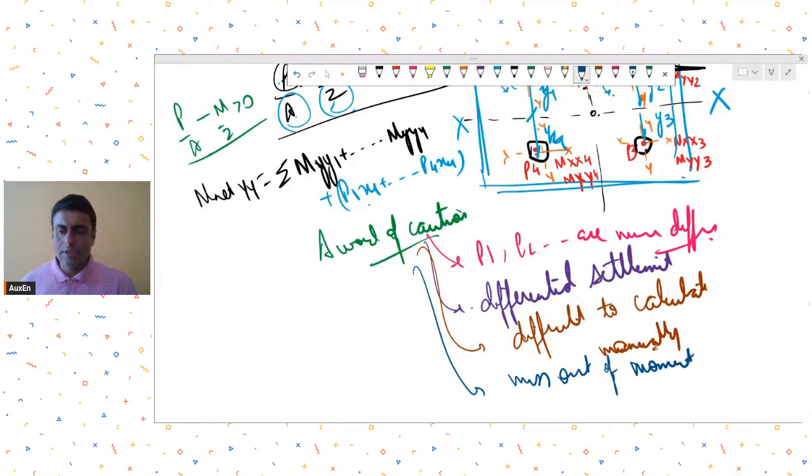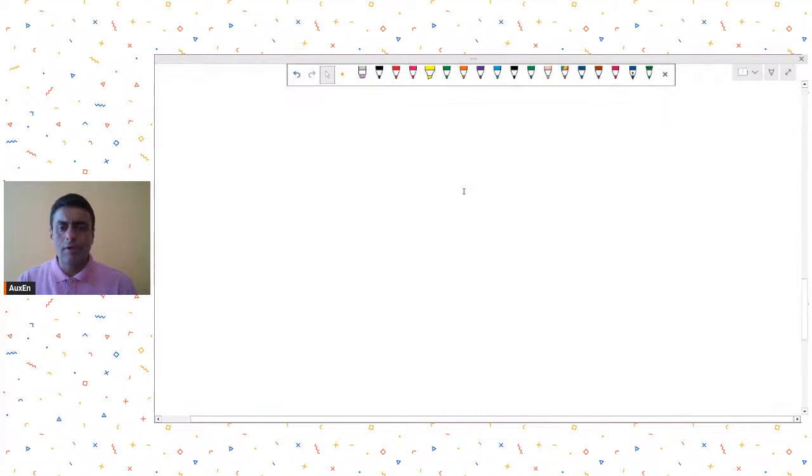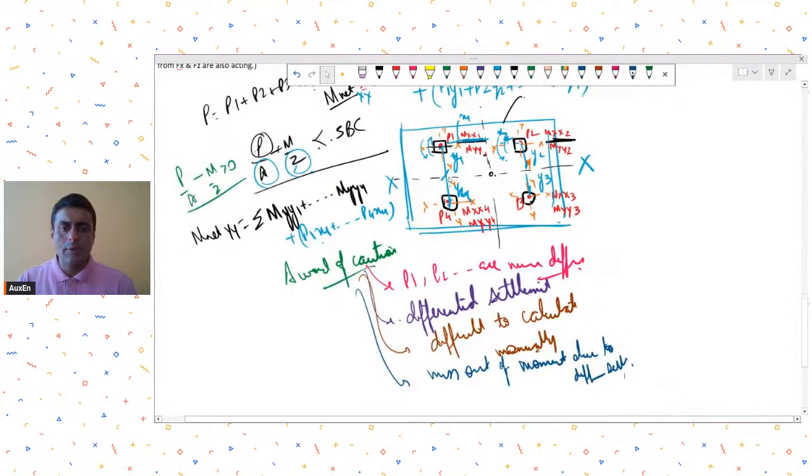So because of such situations, what I would suggest is to go for software modeling when you have these types of combined footings with a lot of different column loads and very dissimilar moments. You may do it manually, but there is a possibility of missing out on some effects.